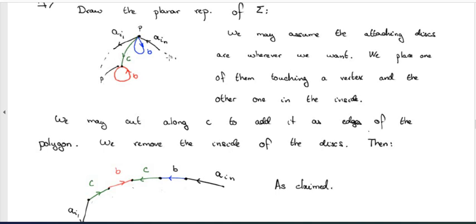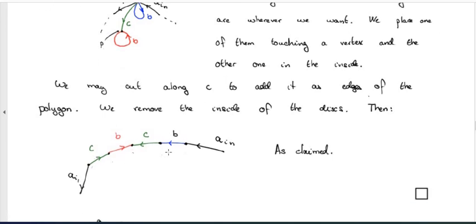What this yields is that I can do A in first, then I do B, as shown here, then I do C, then I do B with the opposite orientation, and then C with the opposite orientation, and then I restart the word. And now we are done, because all these vertices are P again, this is the original word, and this is the commutator of B and C. So this is exactly the claim.